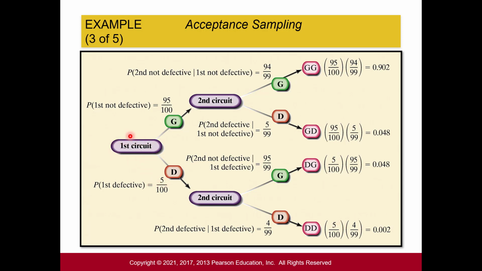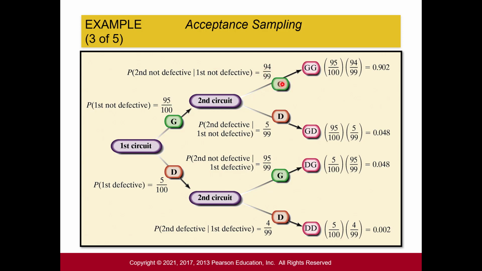All right, so let's take a look. The first circuit is pulled, and it could be either good or defective. Let's say it was good. 95 out of 100 of them are good, so that's the probability that the first one was good. Let's say the second circuit was pulled, and it was also good. There's only 99 left, and we took out one of the good ones, so that probability is 94 out of the remaining 99.